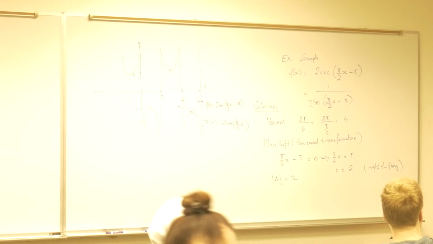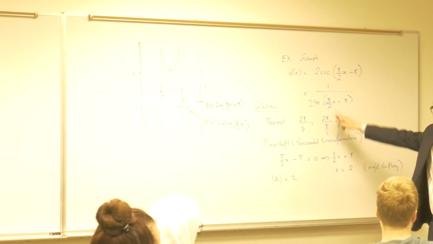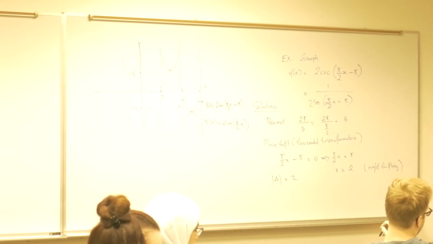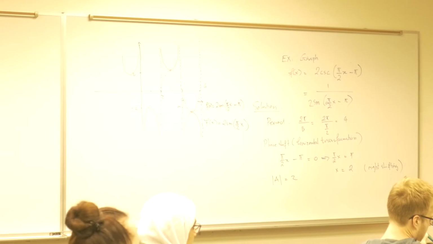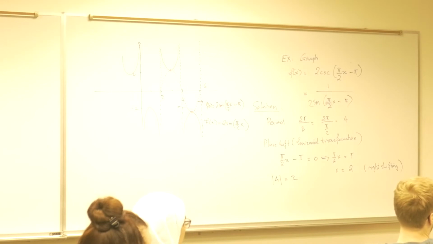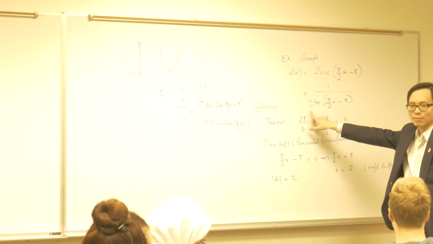You mean because when you plug the value over here? I'm just talking about when it's pi over 6, cosecant of pi over 6 is equal to 2. Pi over 6 is 30 degrees. No, it's not going to work like that. So whatever the amplitude here, we always start with that.